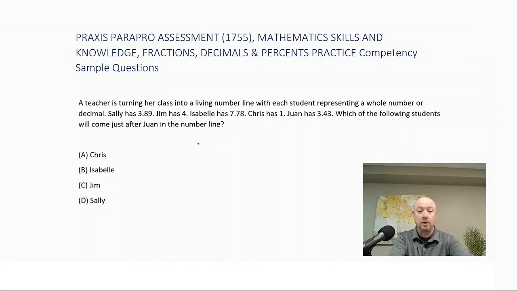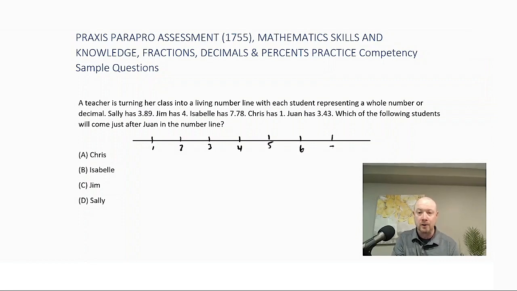Okay, so what I'm going to do is just draw in a number line here, just to give us a visual representation of this. So let's put 1 here, 2, 3, 4, 5, 6, 7, and 8.